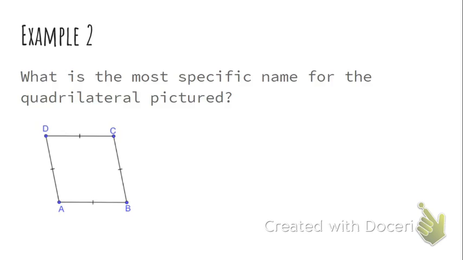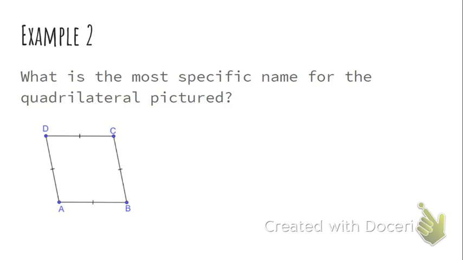If all the sides are congruent, that means opposite sides are congruent. So if opposite sides are congruent, it is a parallelogram. And because all 4 sides are congruent, it would qualify to be a rhombus. So then we just have to decide, can we then call it a square?